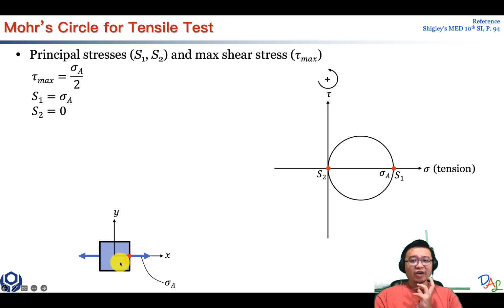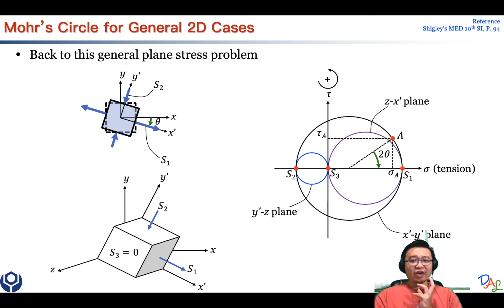Along this 45 degree plane, you have your maximum shear. If you pull your material like this, the shearing planes form a cross, so your material may fail along this direction.